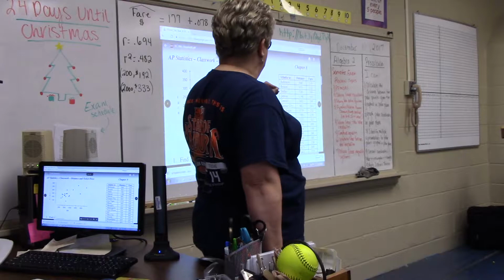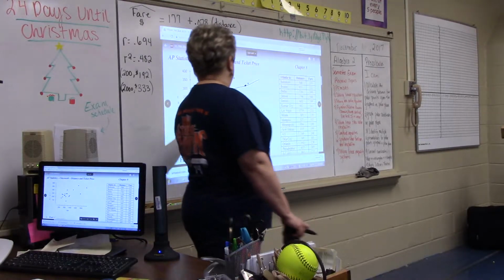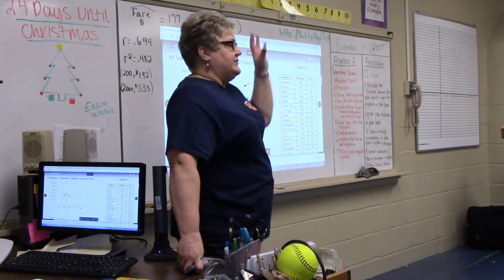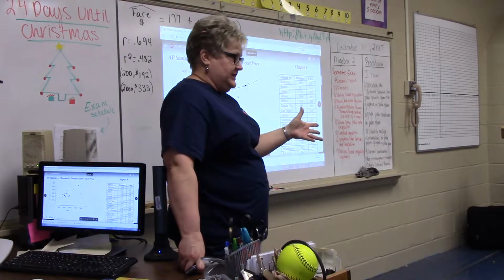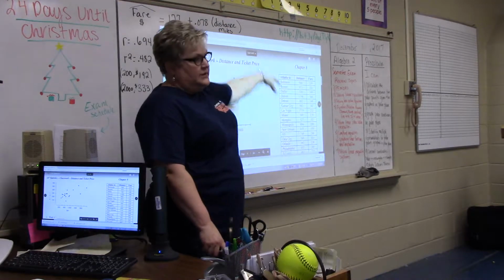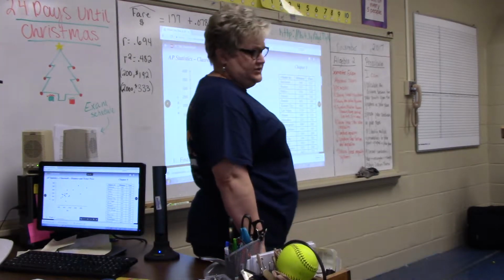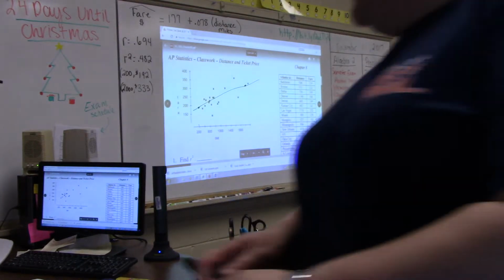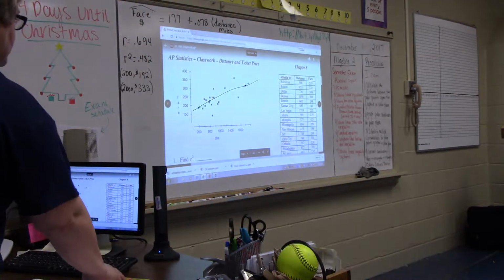A lot of the time when they ask you to do this, they're going to give you the equation so that everybody's going to get approximately the same answer, because you could get all kinds of answers depending on how you rounded. So that would be putting your LSRL on there.